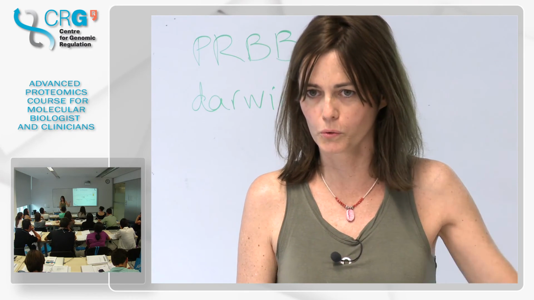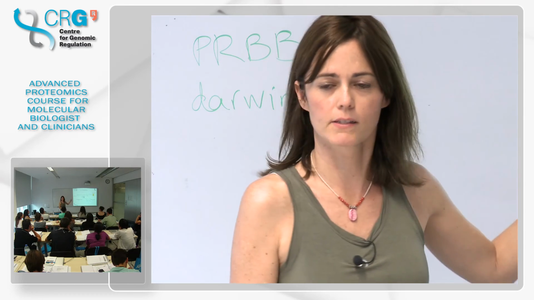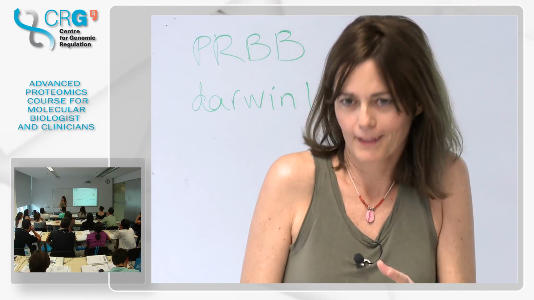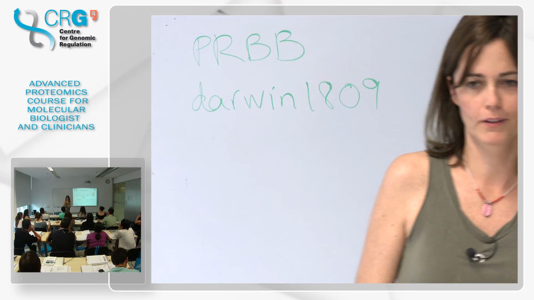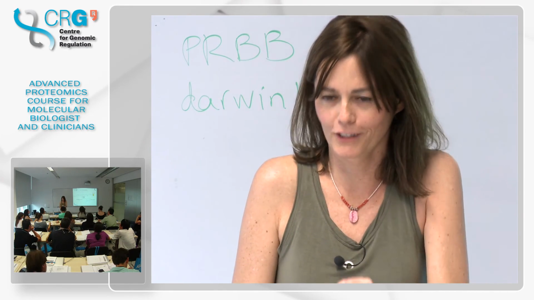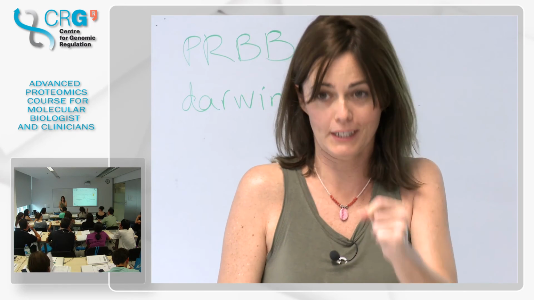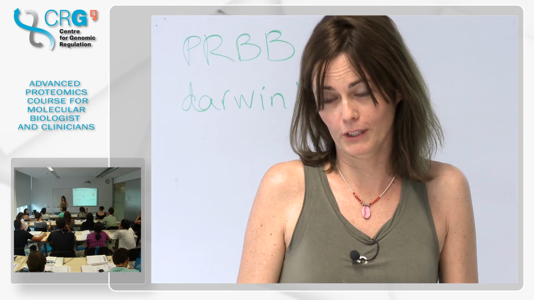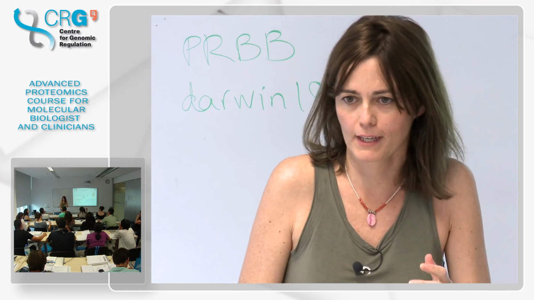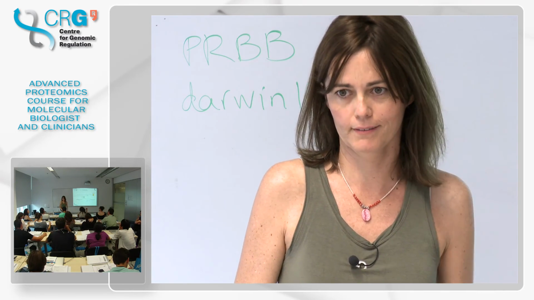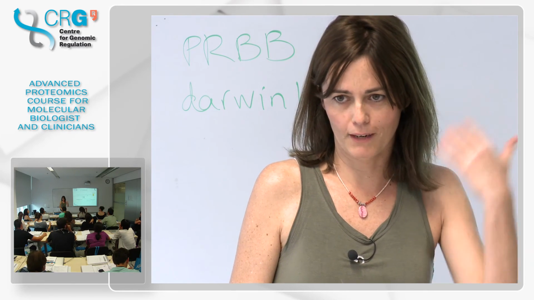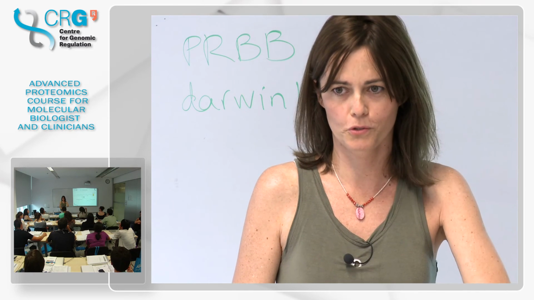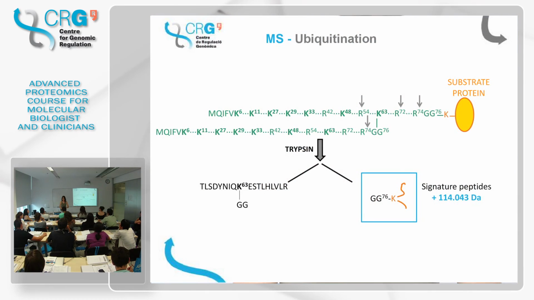One thing is to do, like in this case, the group of Gygi, I'm going to look for ubiquitination in general. The other thing is that you have your protein, you know it gets ubiquitinated, and you know the sequence of your protein, and then you can study it particularly. You know, my protein is very difficult because it's full of lysines. Okay, then we need to look at it. We need to think about all the things you need to know when you're going to approach your exact question.